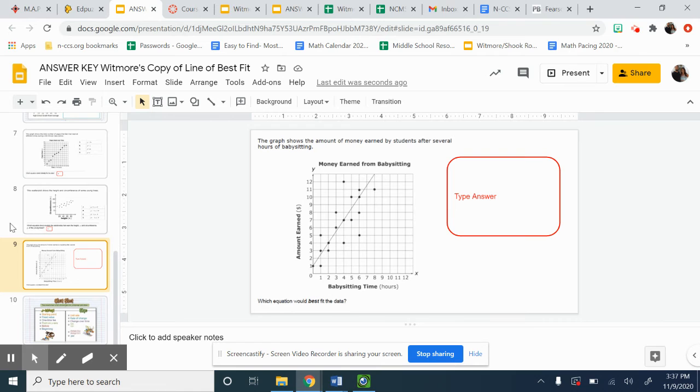So they've got some marked for you. They didn't tell you, but there's an exact point, and there's an exact point. So my coordinates, I have 2, 4, and I have 6, 10.